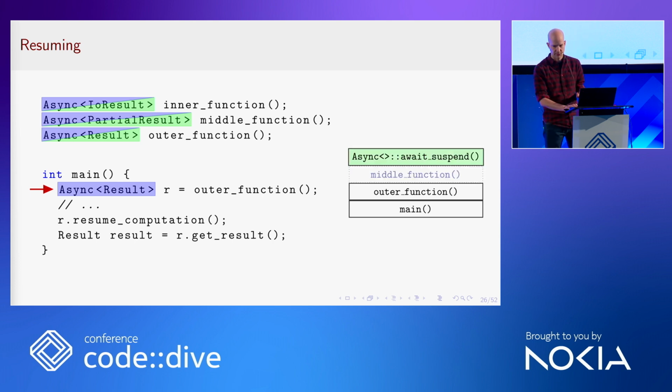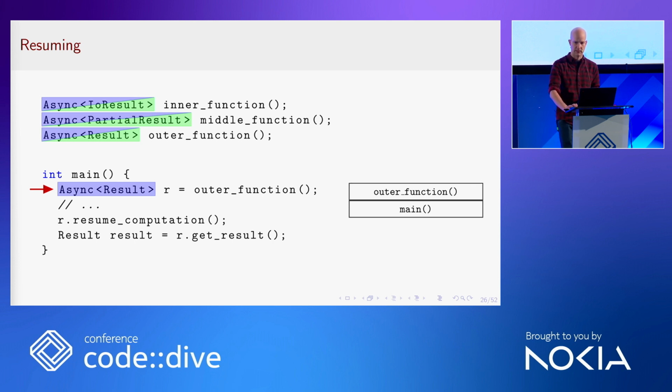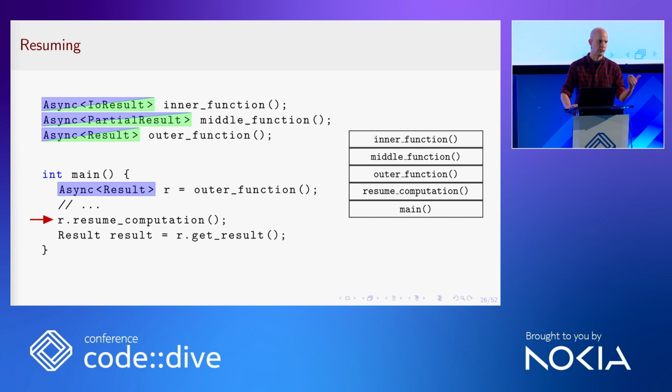So we want to suspend it and drop it off the stack, right? And we really want to do this with all of the outer functions as well until we get back to main. Main now is free to do other stuff in the meantime, and then eventually when we have the result, we want to resume the computation, we want to resume the call stack to its initial state, right? That will be the simple intuition if you come from green threads.